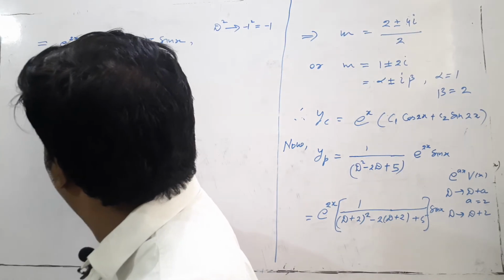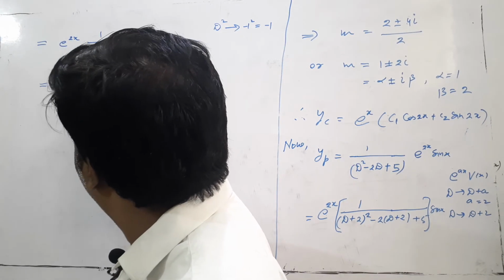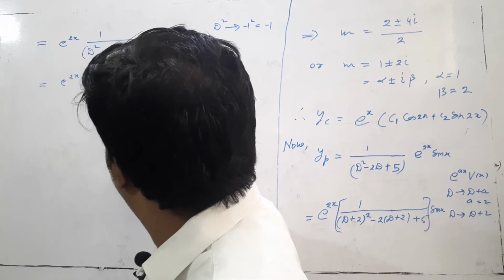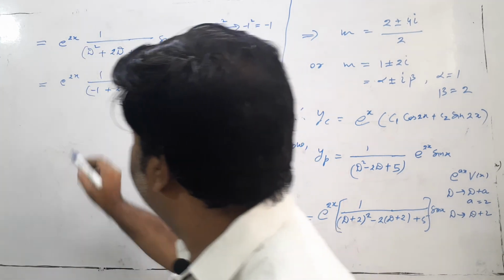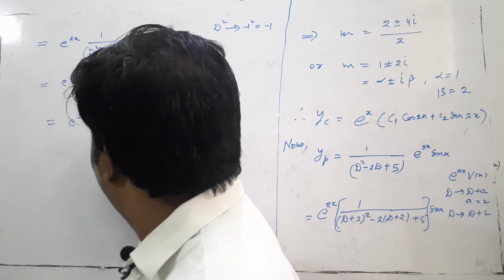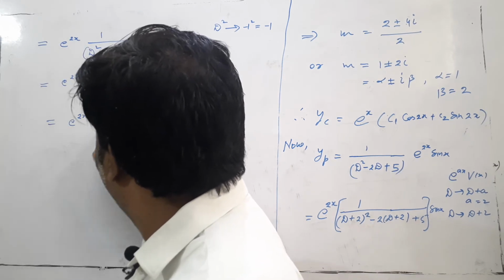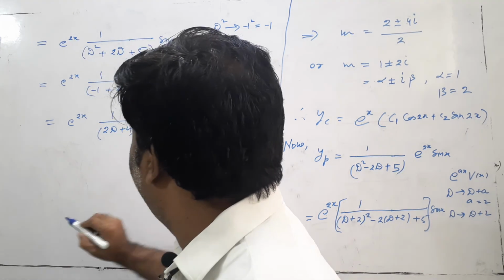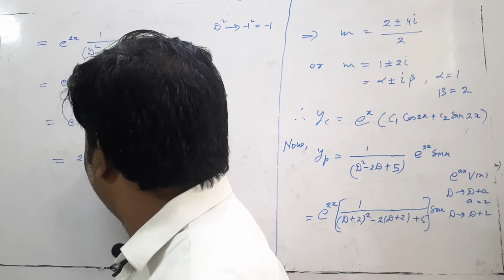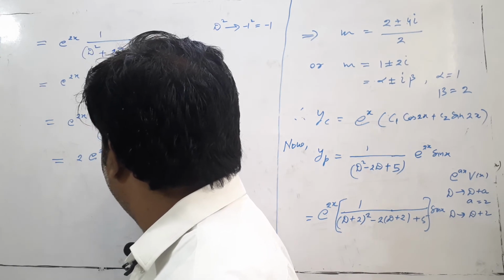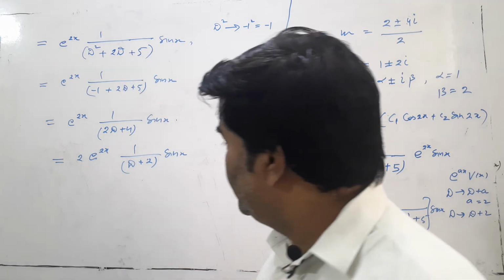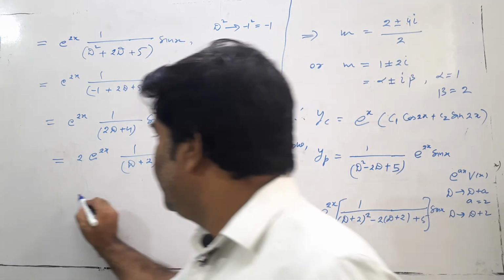So here we have minus 1 plus 2d plus 5 sin x, and this is 2d plus 4 sin x. We can take 2 as common. So here we have d plus 2 sin x.